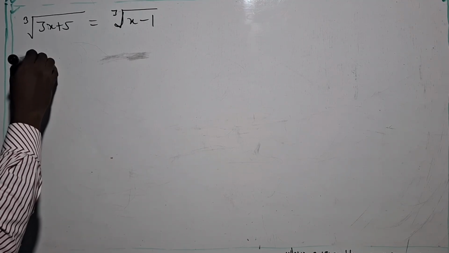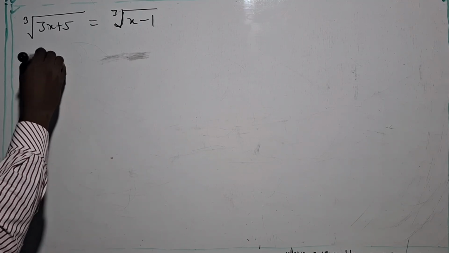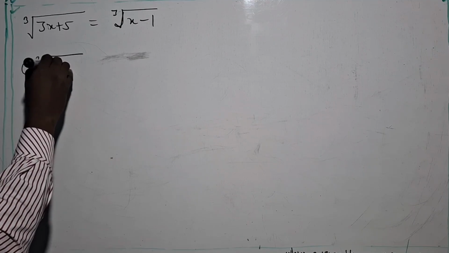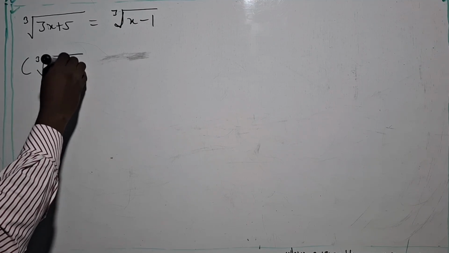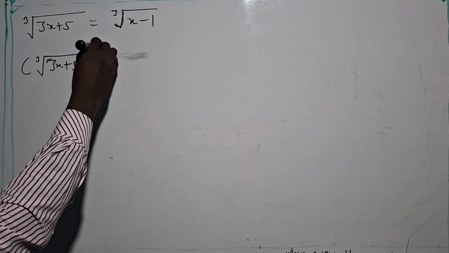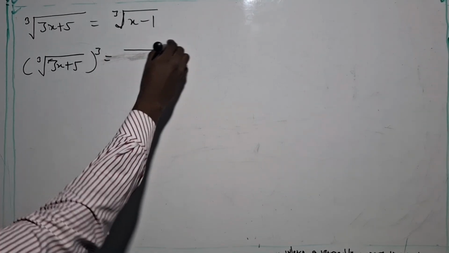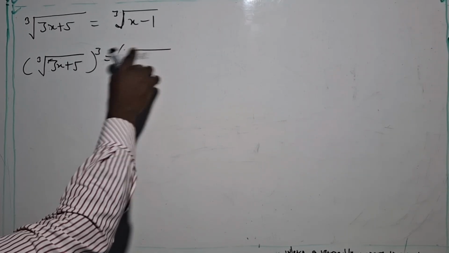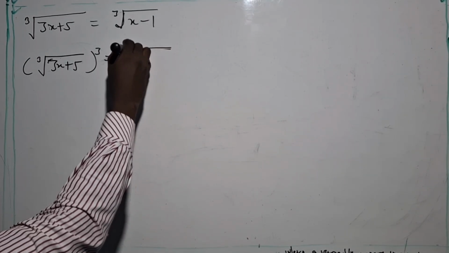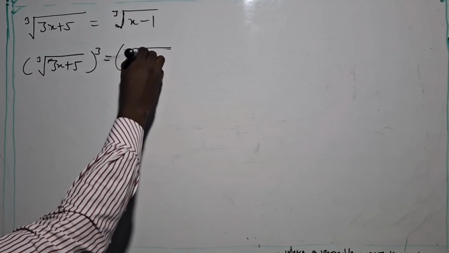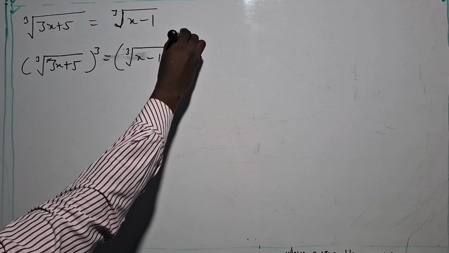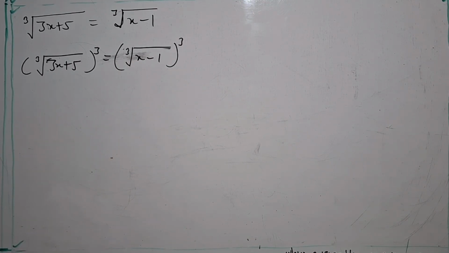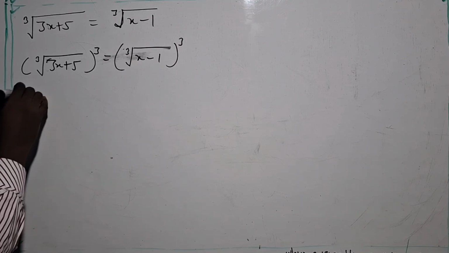So in brackets here, the cube root of 3x plus 5, cubed, then the cube root of x minus 1, cubed.